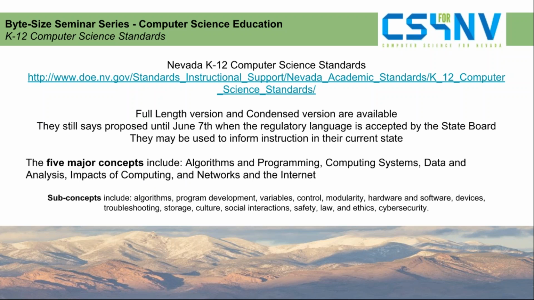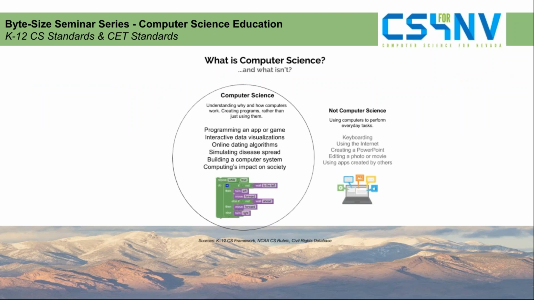It's foundational skills of computer science: how the networks are working, how the internet works, the societal impacts of computing in general, and data. We have such big data coming in these days in droves. How do we analyze that? How do we visualize that in a proper manner so that decisions can be made from that data? So there's a lot more going into the standards for computer science than simply programming.